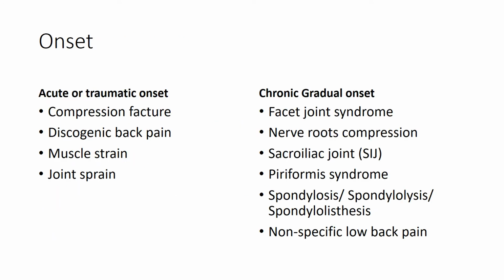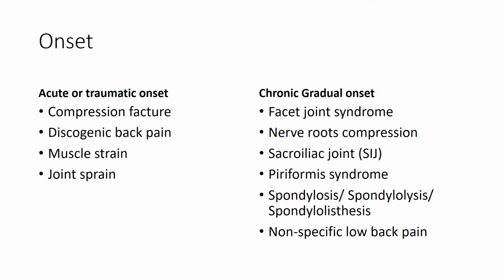For differential diagnosis, there are some key points in the examination that I pay more attention to. From my experience, I can share some key points. One of them is the onset.